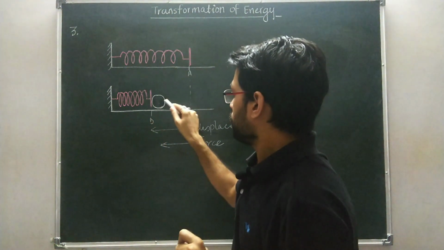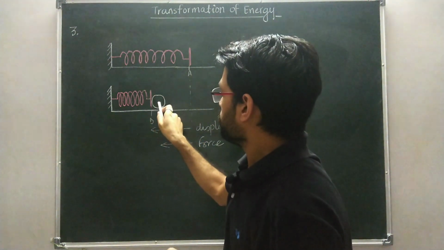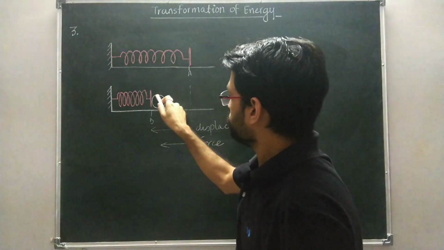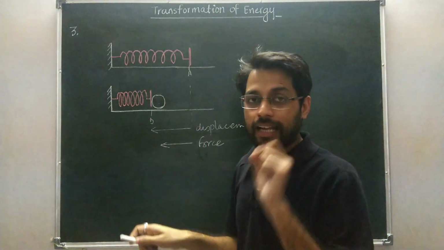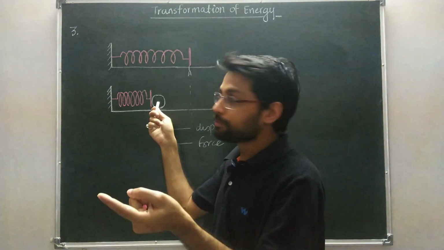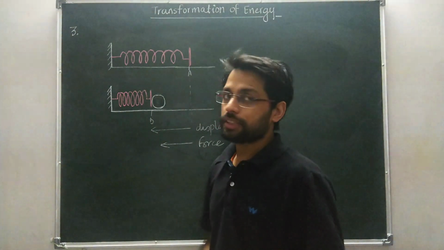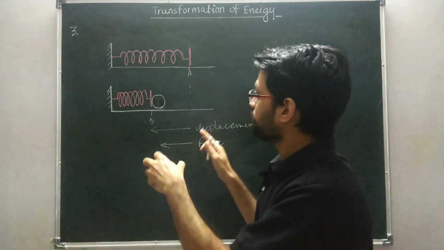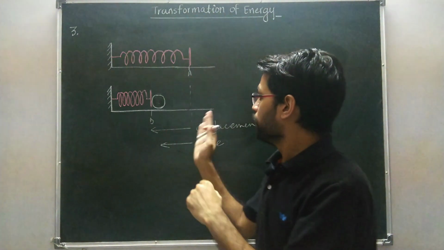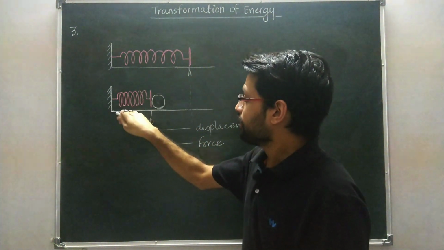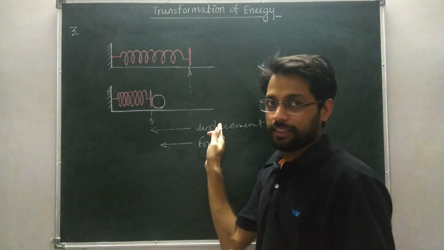Okay, when you release the spring the ball comes into motion. Okay, and this moving ball possesses kinetic energy, and this kinetic energy comes from the elastic potential energy stored in the spring. Okay, so this is the transformation of work done into elastic potential energy and then into kinetic energy.